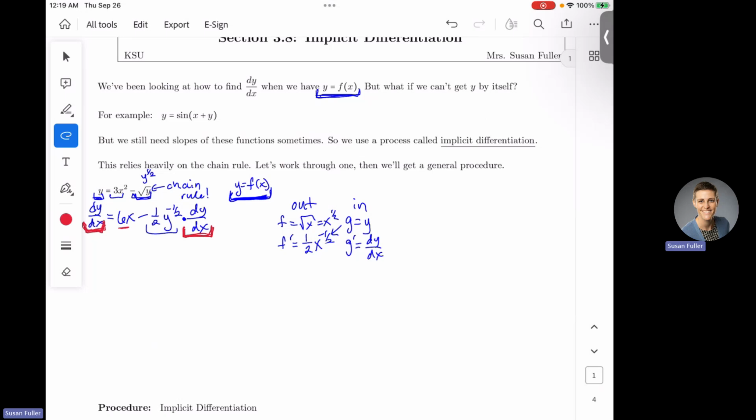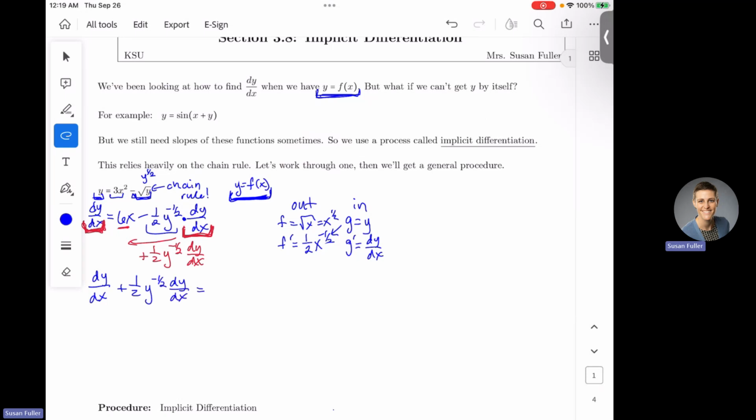So I'm going to move this to the other side by adding 1/2 y to the negative 1/2 times dy dx to both sides. And when I do that, on this side, I'm going to get dy dx plus 1/2 y to the negative 1/2 dy dx.